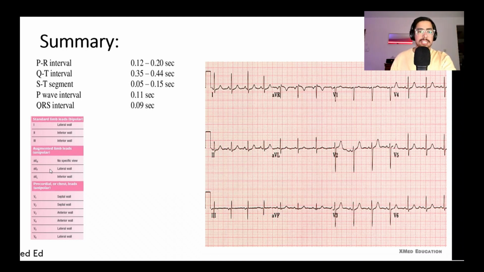This QRS from different perspectives can exactly show which part of the heart doesn't have enough supply. Why? Because, for example, if there is a necrosis in the lateral wall of the heart, the vectors from the endocardium to epicardium will not be as strong as before, or it's even changed. So the heart vector will be changed, and they show some difference in the ECG.